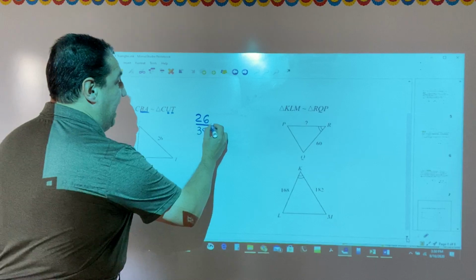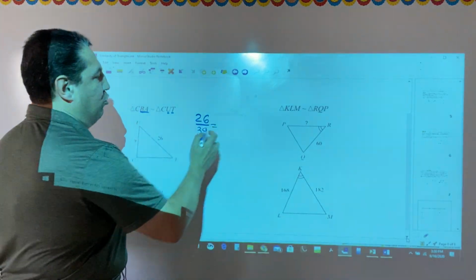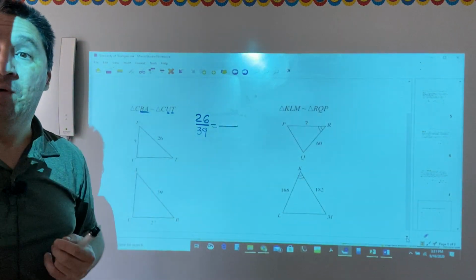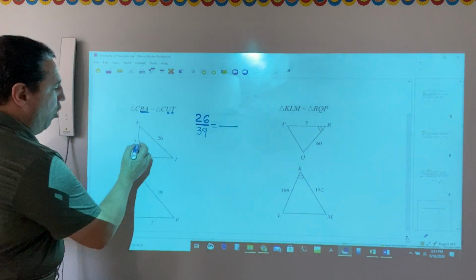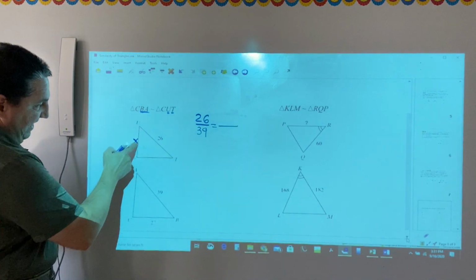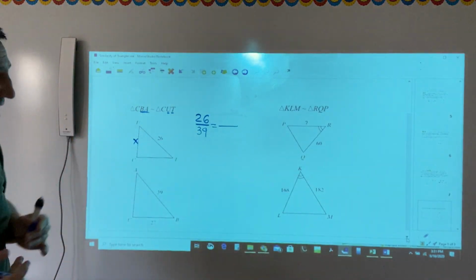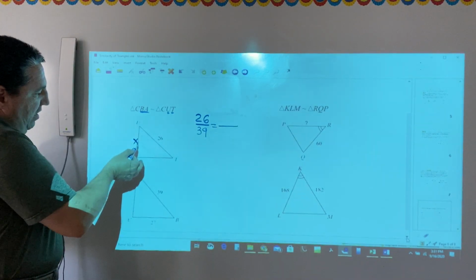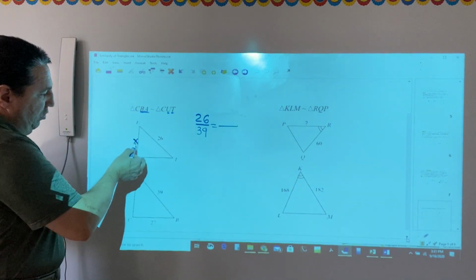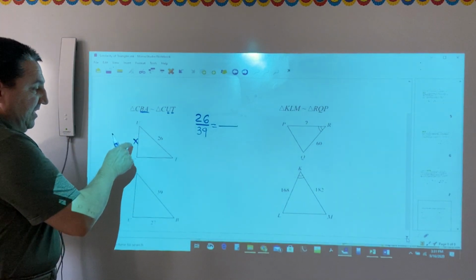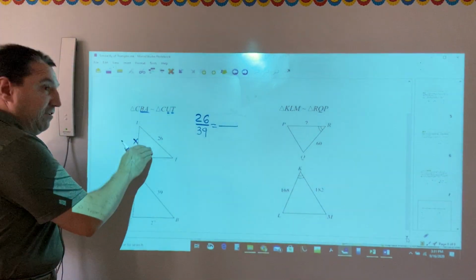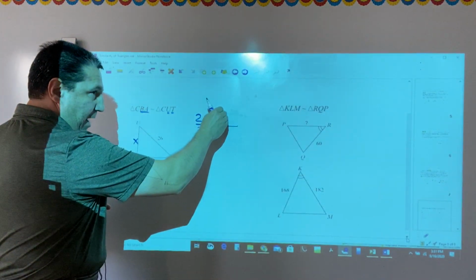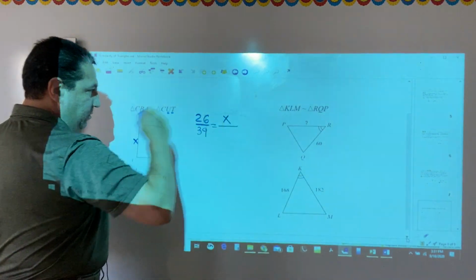Good. Equals, remember, they are in proportion. We have to come up with another ratio, because our goal is to get this side. We don't know it, we have to find it out. Now we look at UC. UC equals x, because UC belongs to the first triangle, x will be on top of the fraction.